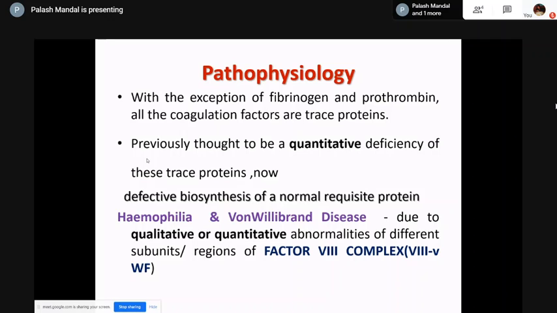There is both quantitative and qualitative deficiency of the one factor. Hemophilia and von Willebrand disease may happen due to both qualitative and quantitative abnormalities of the factor 8 related complex. Actually, the factor 8 related complex is not only factor 8, it also comprises von Willebrand factor, so that both together make the factor 8 complex.